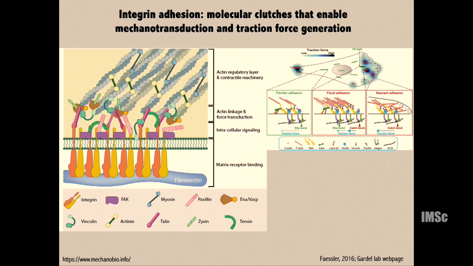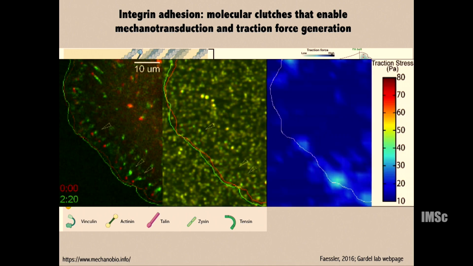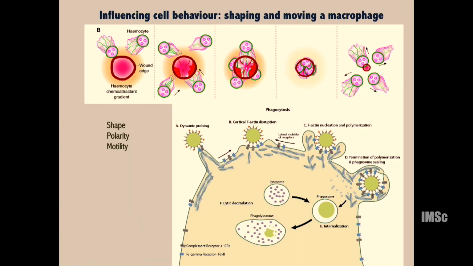So you can think of these linkages as being capable, depending on the type of adhesion you have, of making either slip bonds or catch bonds, and to be able to generate traction force. So broadly at the level of the membrane, those are the things that we need to think about.